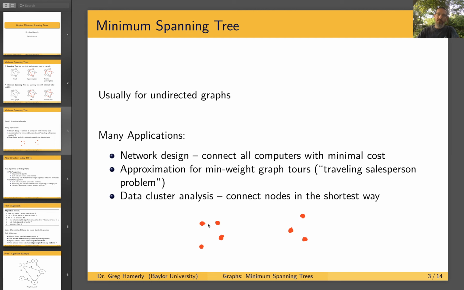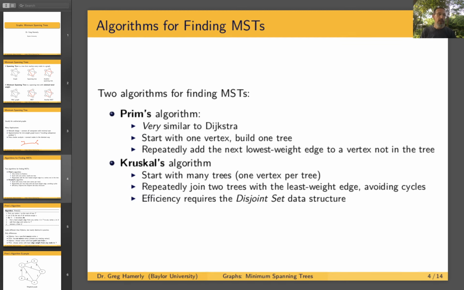You could have a minimum spanning tree and say these things are connected because they're close together, these things are connected because they're close together, and then maybe this is a connection. And that might be a minimum spanning tree that sort of clusters these points into different subparts of the tree or subgraphs.